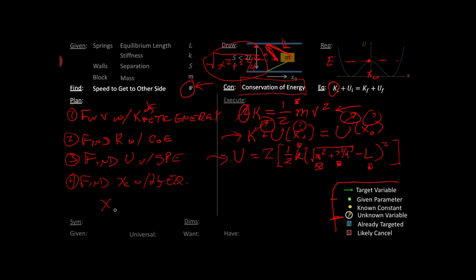X critical is one of x plus, x0, and x minus, the three equilibrium positions that we have for this particular case. So this is the definition of an equilibrium: dU/dx at the critical spot is equal to 0.